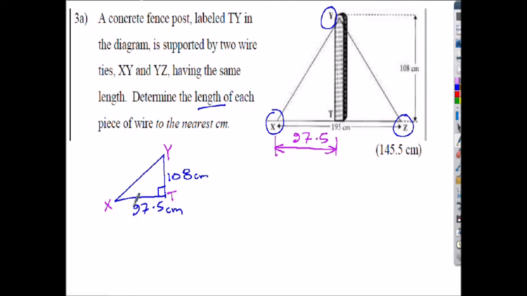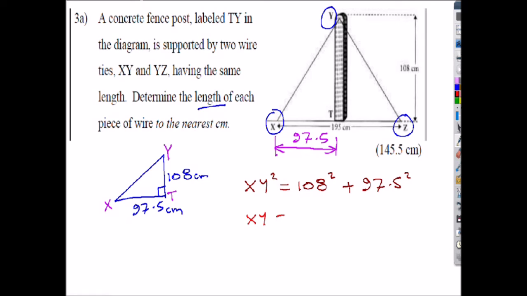We can now see we've got a Pythagoras Theorem problem. We're trying to find the side length XY of a right angled triangle and given the other two sides. So applying Pythagoras Theorem, XY squared is equal to, in this case, 108 squared plus the 97.5 squared.